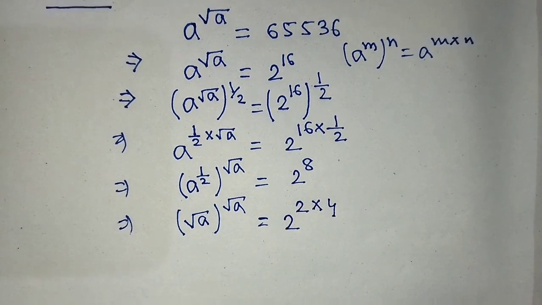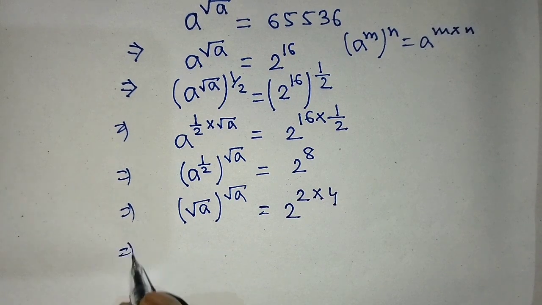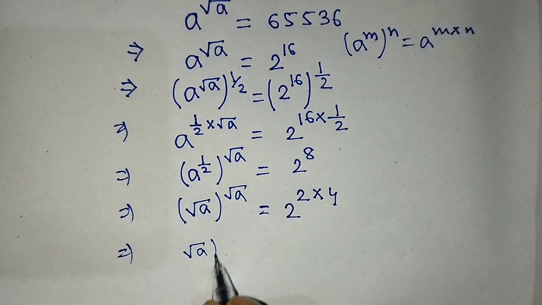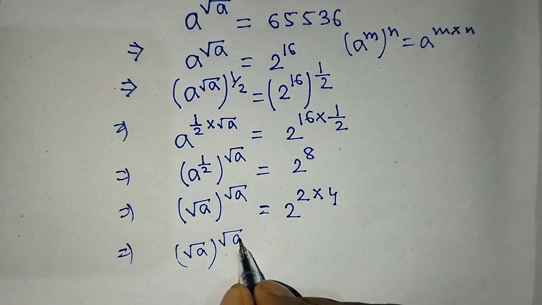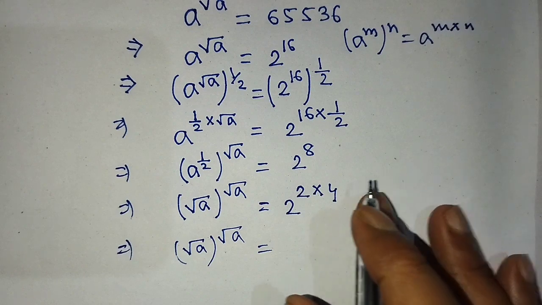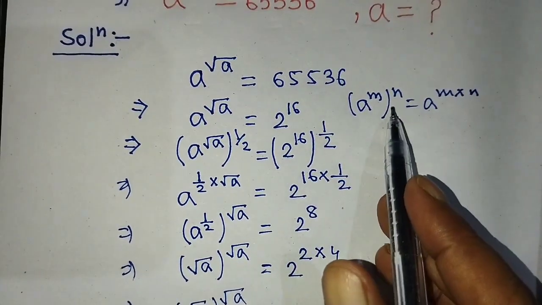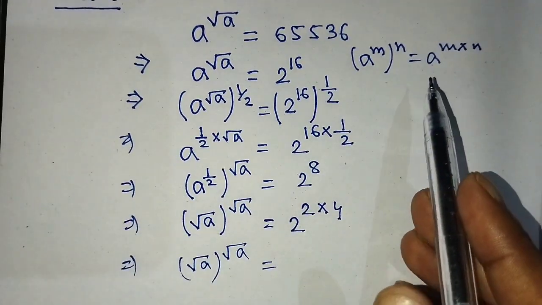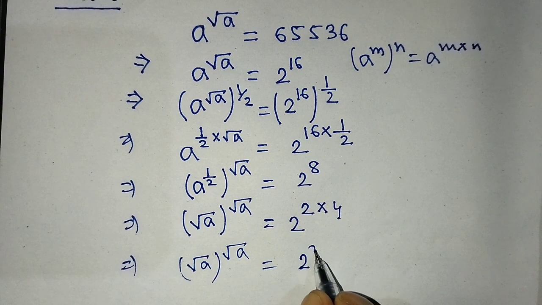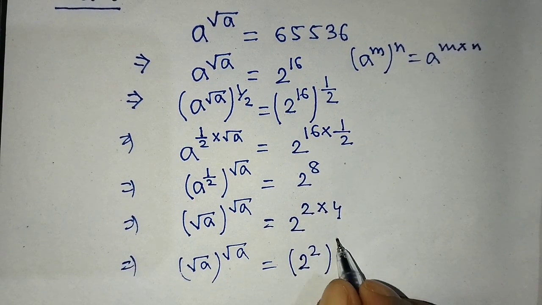Okay student, so again we have to write root over of a whole to the power root over of a on the left hand side, and on the right hand side we have to apply this formula. Okay, so after applying this formula on the right side, we can write 2 to the power 2 whole to the power 4.